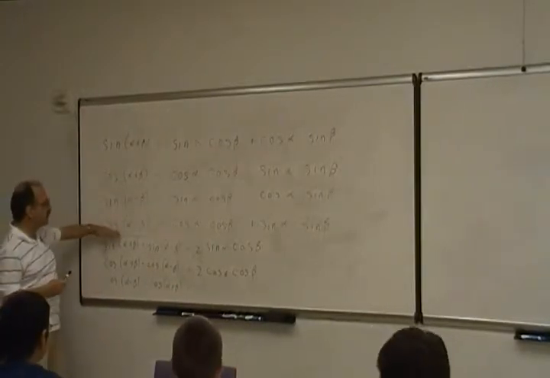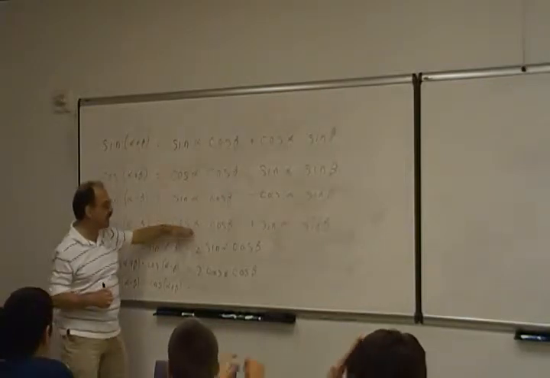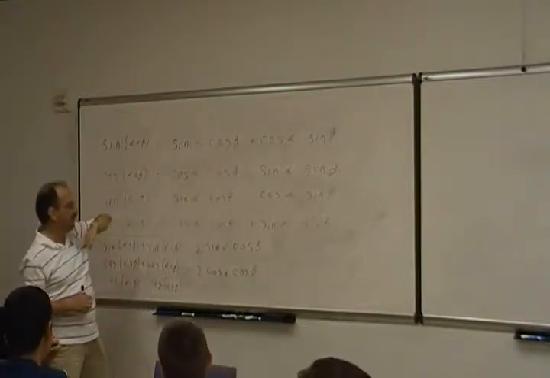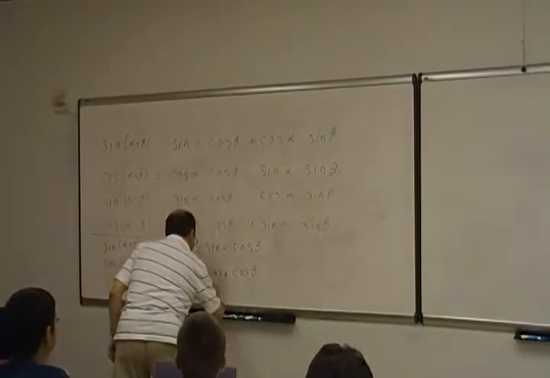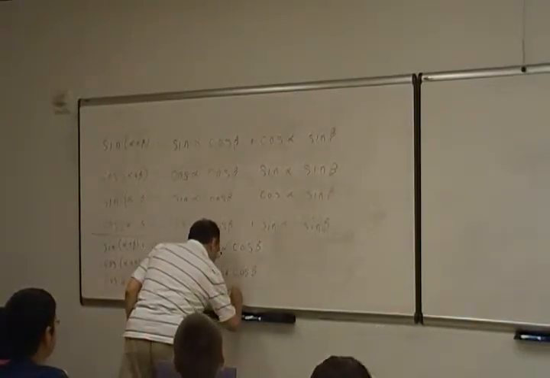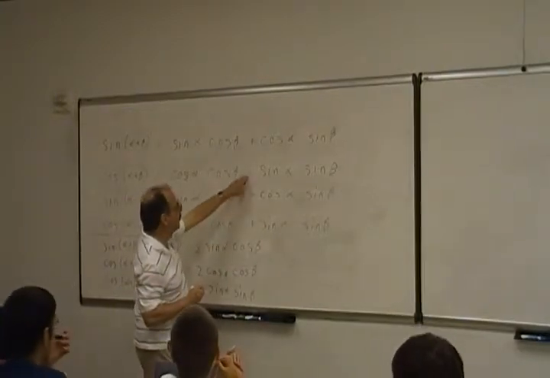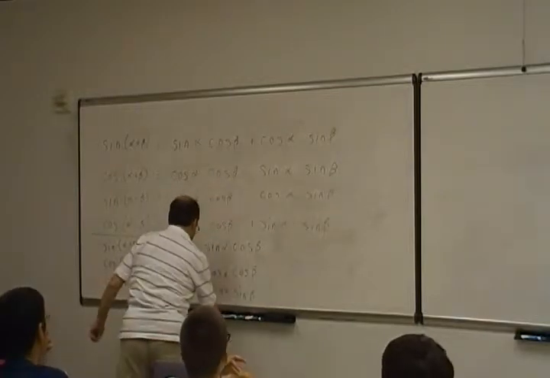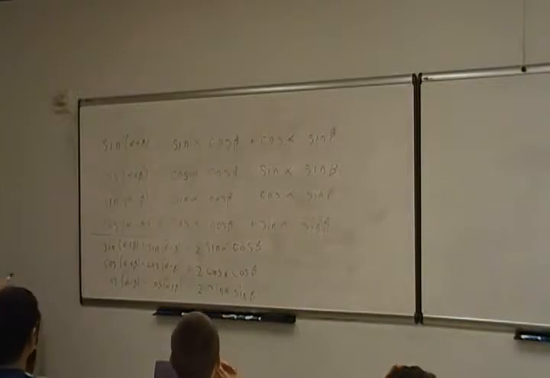Take this one and subtract this one. When you do that, cosine alpha cosine beta minus cosine alpha cosine beta cancel. Then you get a sine alpha sine beta, and minus a minus is a plus. You get two of them. So there's how you get your third one.